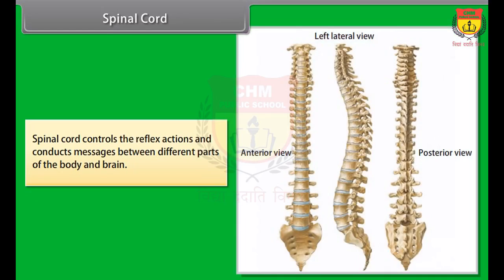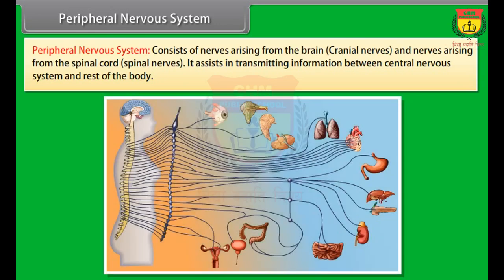The spinal cord controls the reflex actions and conducts messages between different parts of the body and the brain. Peripheral nervous system. The peripheral nervous system consists of nerves arising from the brain, cranial nerves, and nerves arising from the spinal cord, spinal nerves. It assists in transmitting information between the central nervous system and the rest of the body.